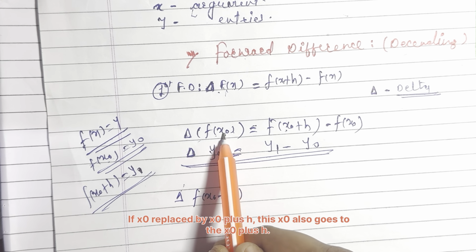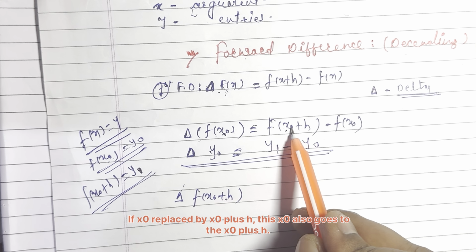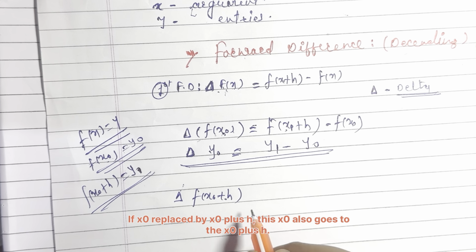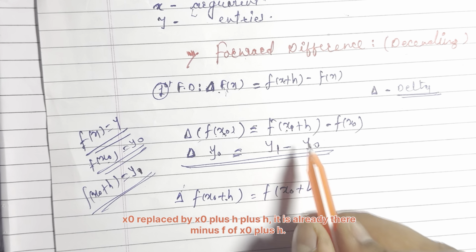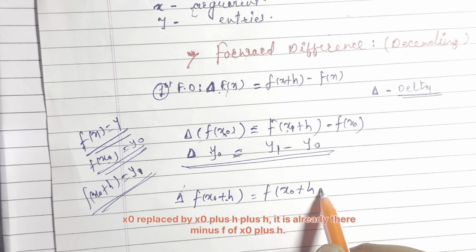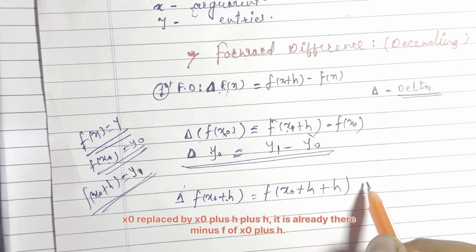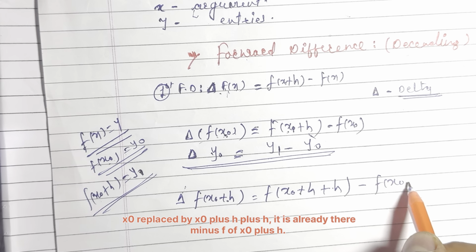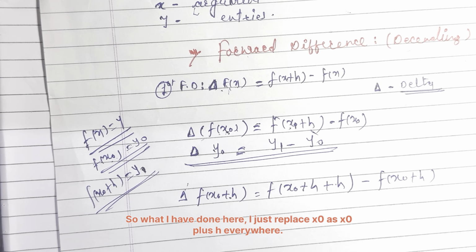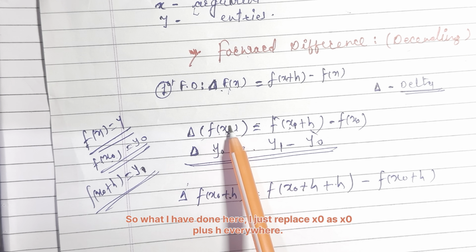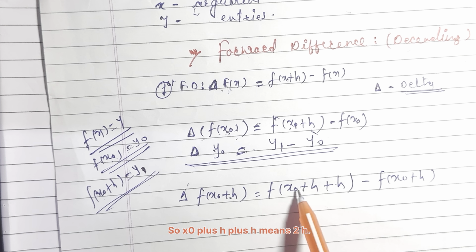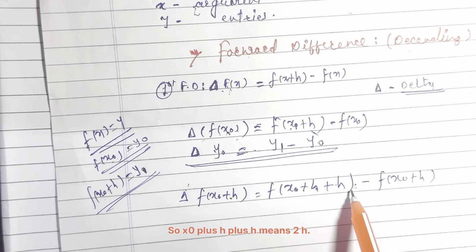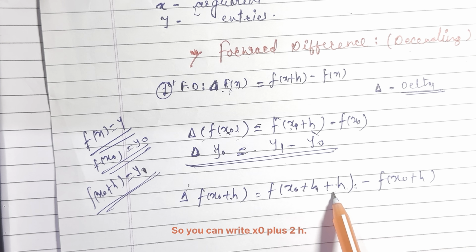Everywhere x naught is replaced by x naught plus h, so we get f of x naught plus h plus h, which is already there, minus f of x naught plus h. So x naught plus h plus h means 2h; you can write x naught plus 2h.